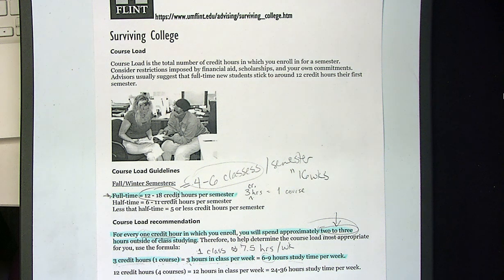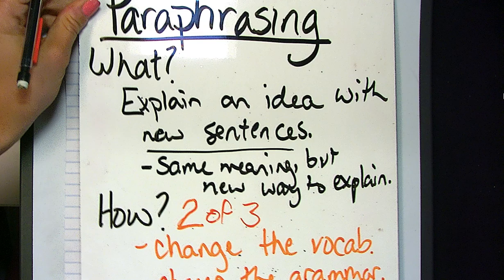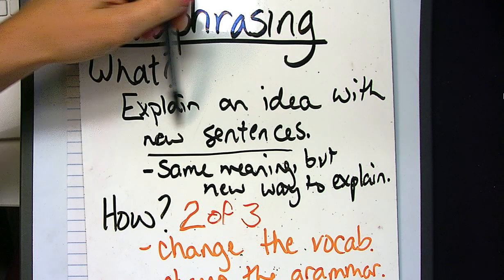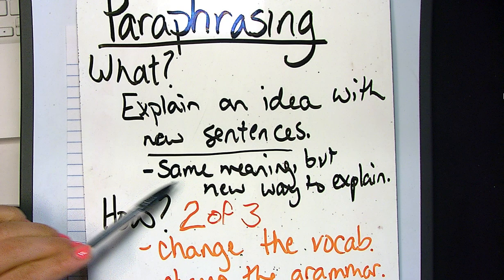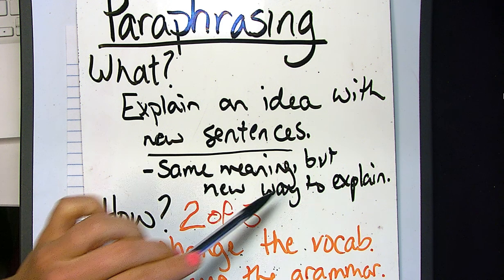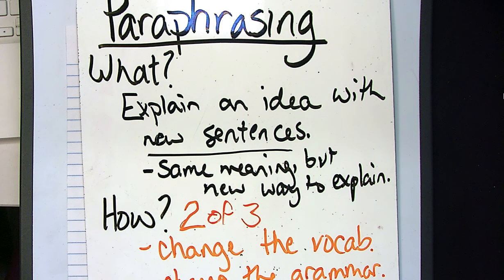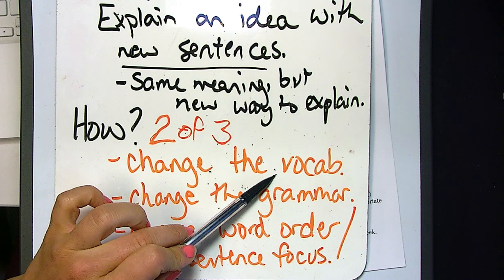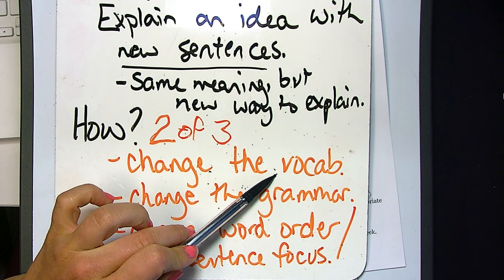So I did some paraphrasing from a list and some paraphrasing from the sentences. So I kept the same idea, the same information, but I created new sentences. I have the same meaning, but I explain it in a new way. How did I do it? I changed some of the vocabulary, which also included changing some of the numbers.